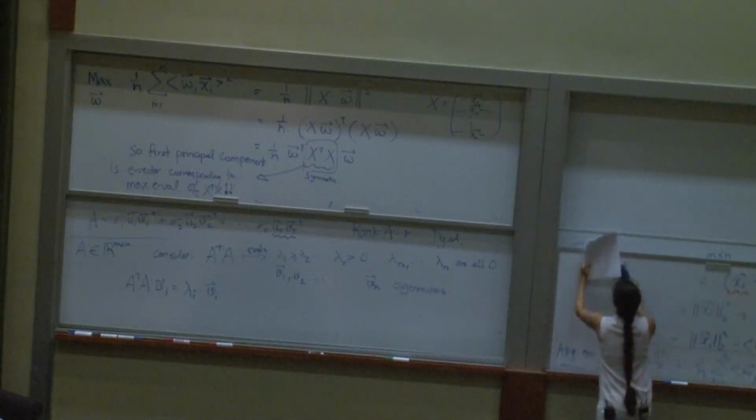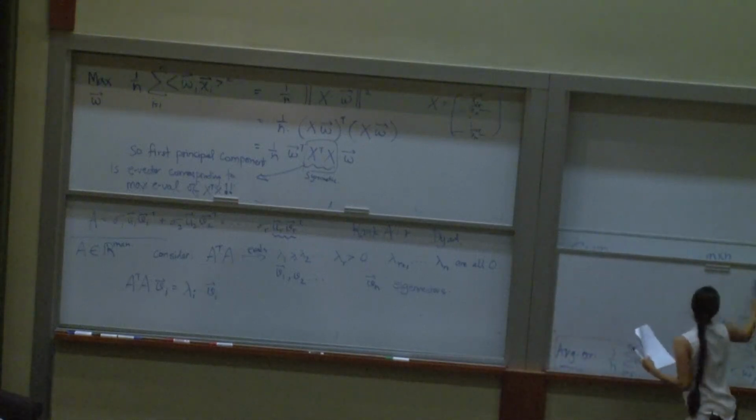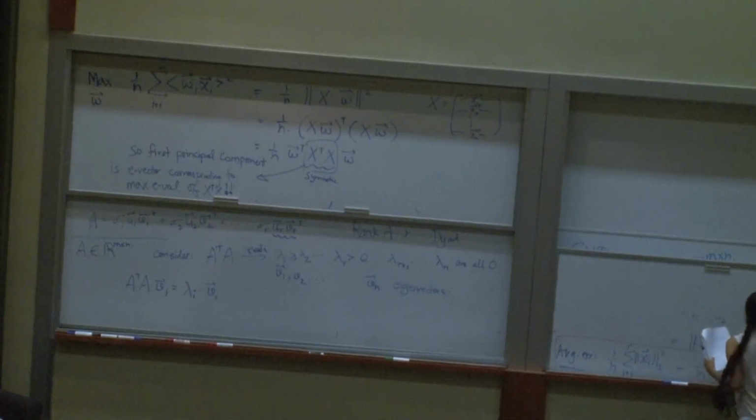But in general, can I use these vectors to somehow generate the setup that I want?